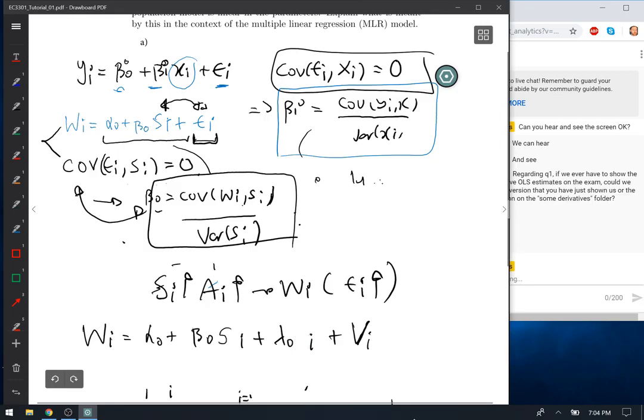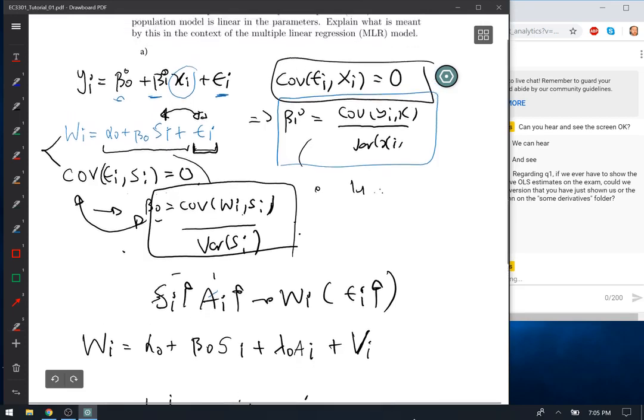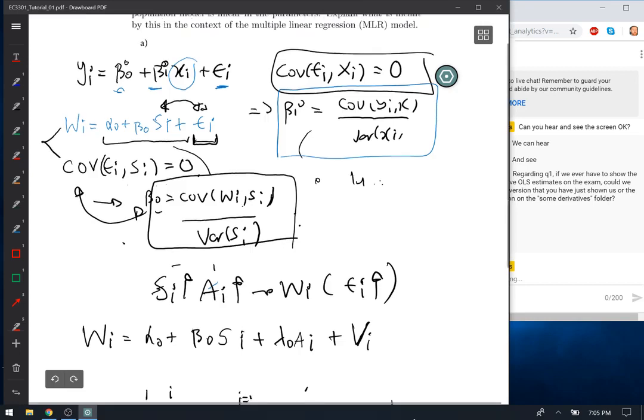Let's say we could measure natural ability. If we could do this and choose B0 and gamma0 to make S and A both uncorrelated with V, we're going to have two of these. If we tune the exogeneity condition, we can work out B0, gamma0 and alpha0 that make schooling and ability uncorrelated with V.